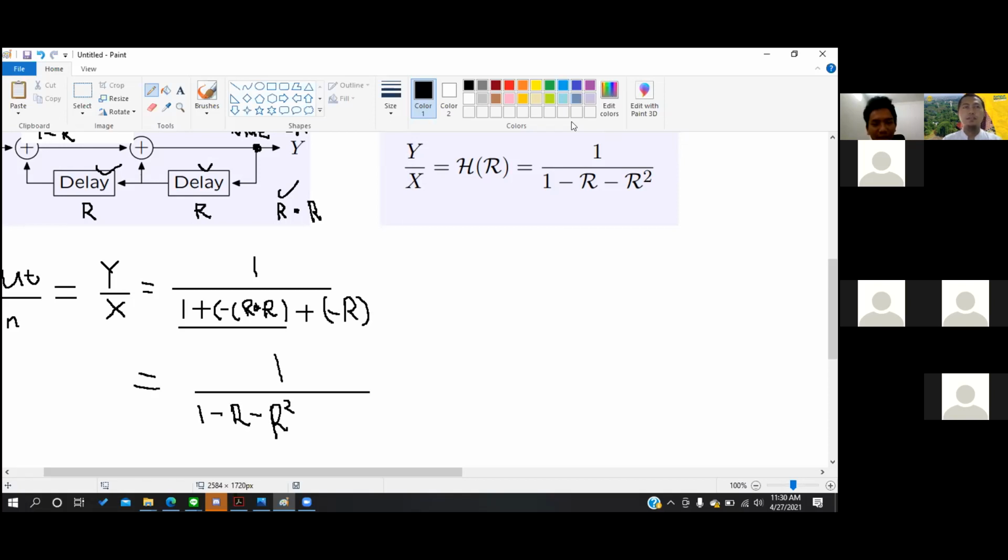Okay. Please look at the denominator. There is minus r and minus r. How do you get that minus? I think the minus comes from the delay.